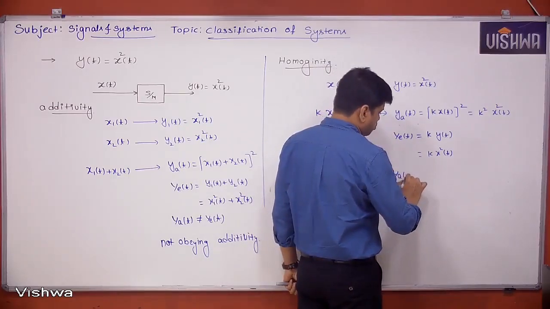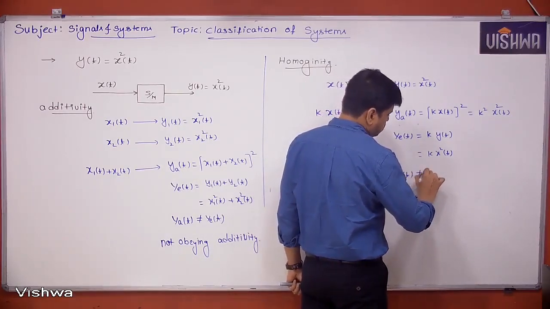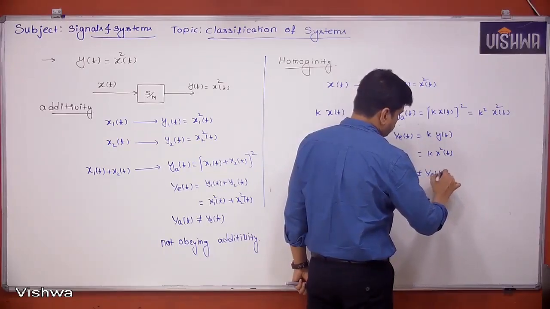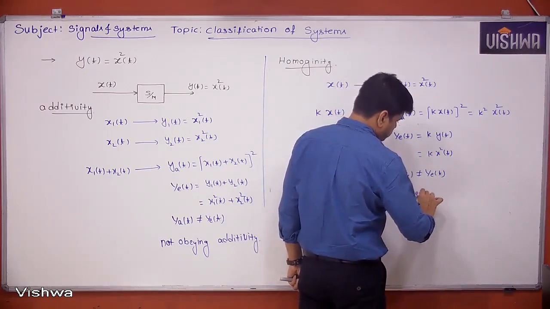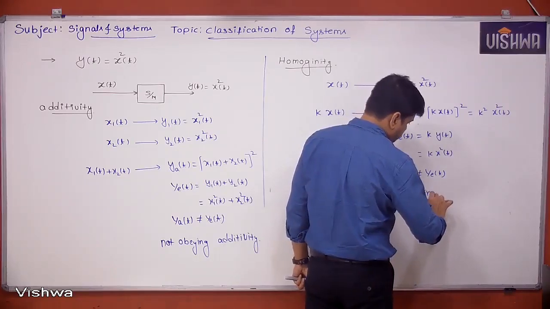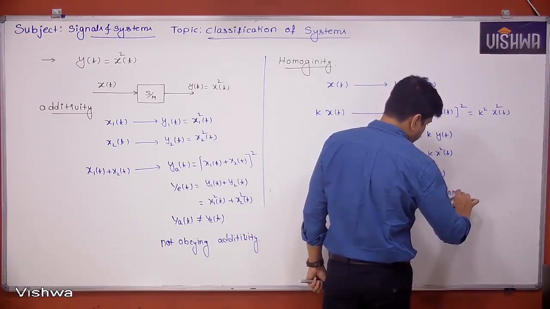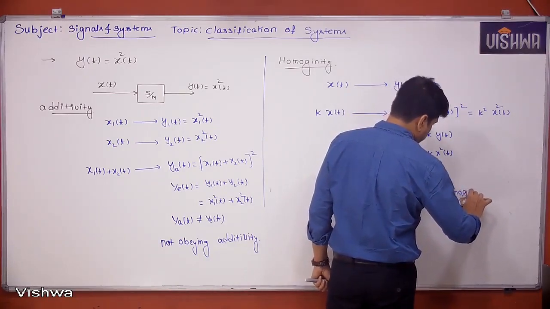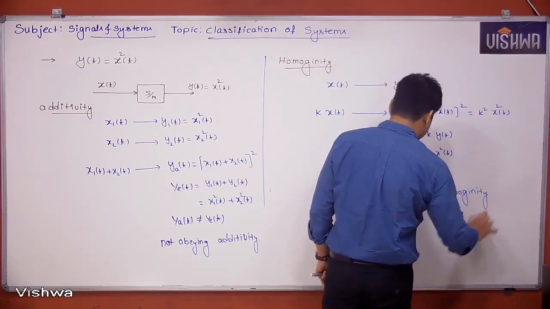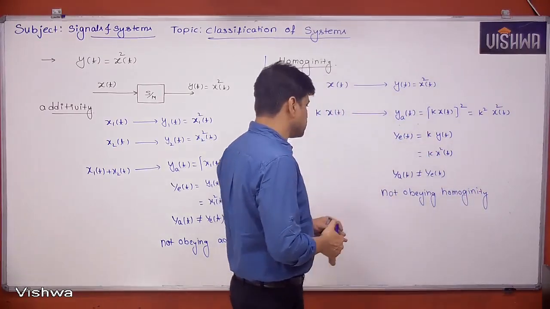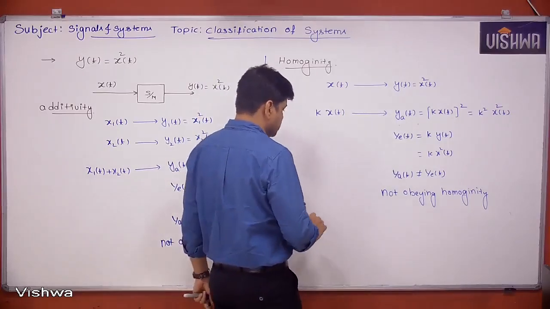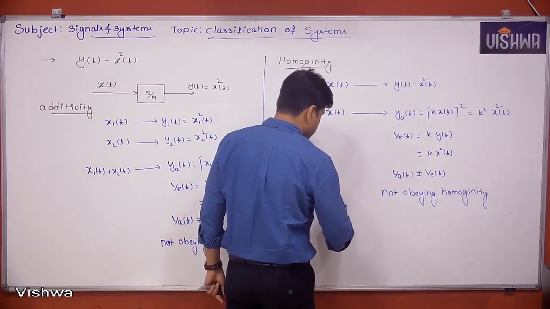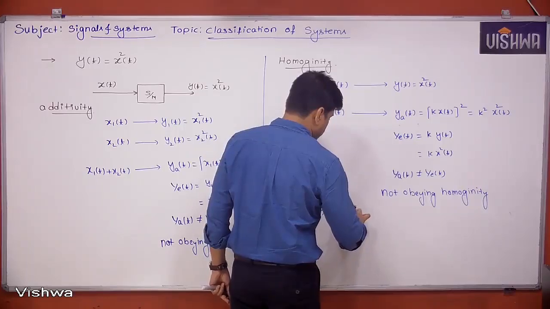The actual output is not equal to the expected output. So I can decide that if it is not obeying both the homogeneity and additivity principles, the system is nonlinear.